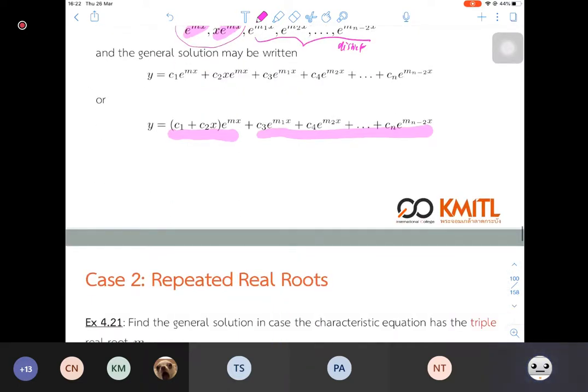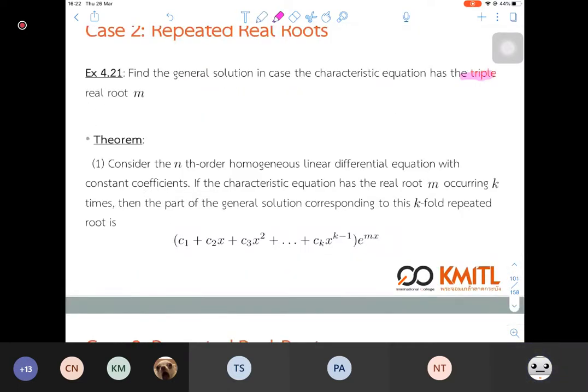If it's triple, you have m1 equal to m2 equal to m3 equal to m, right? So you can put x squared in the next term, right? So your solution would be c1 plus c2 x plus c3 x squared and then e to the power of mx, all right?